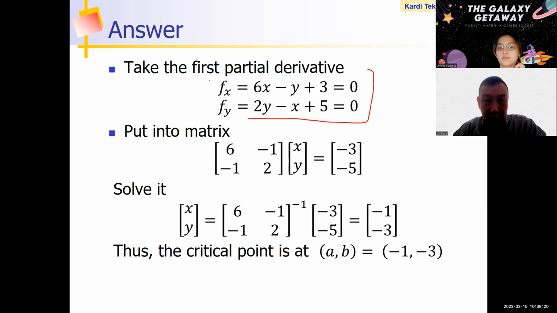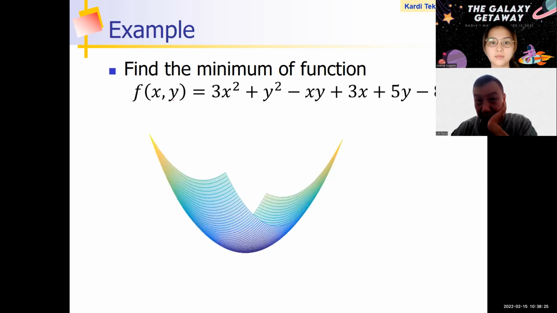So you want to practice this? Okay, try this one. Now it's my business. I will stop sharing. You try this practice.